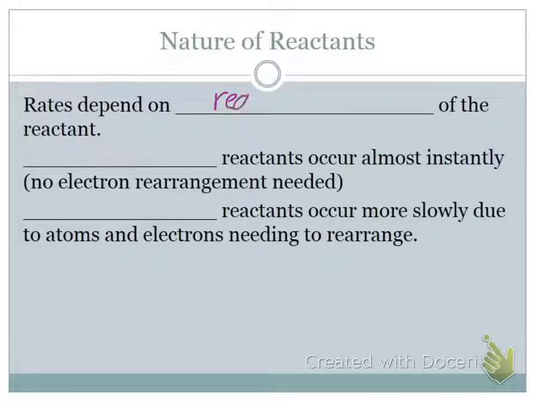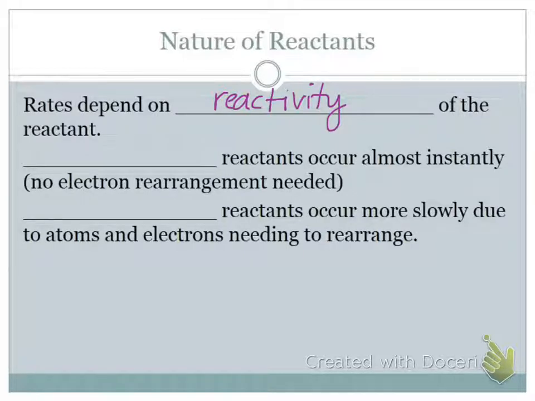So reactivity. Obviously if I was talking about, say, a noble gas, it has a very low reactivity, so it would very much slow the reaction rate. Okay? But if I was talking about a group 1 metal, which is the alkali metals, which are the most active metals there are, the reaction rate would be much, much quicker.